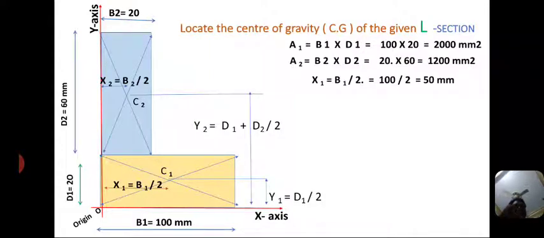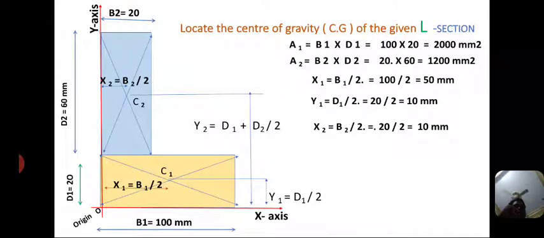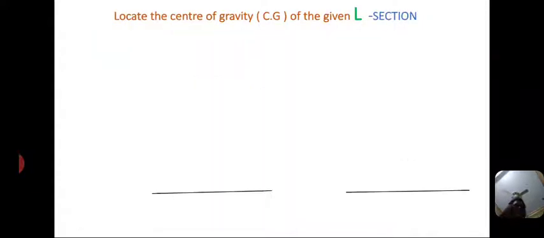So x1 equal to b1 by 2 and y1 equal to d1 by 2. Similarly, x2 equal to b2 by 2 and y2 equal to d1 plus d2 by 2. All these values are written in tabular form in the next slide.